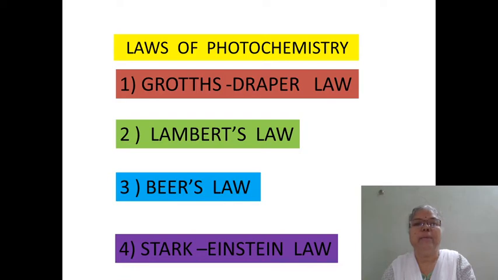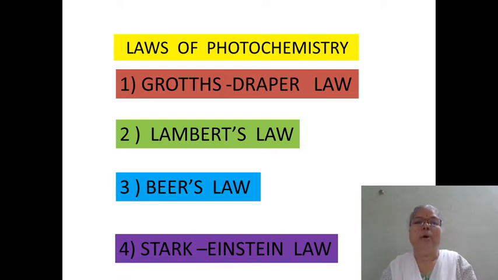The significance of this law is that it does not mean that all the absorbed radiations cause a photochemical change. They may or may not. It depends on whether the absorbing molecule or substance is photochemically active or inactive.